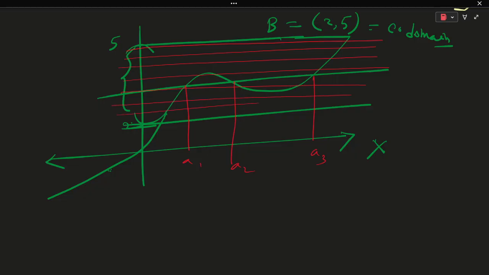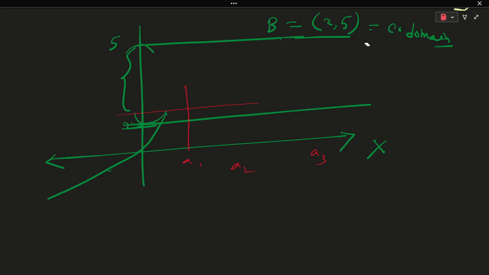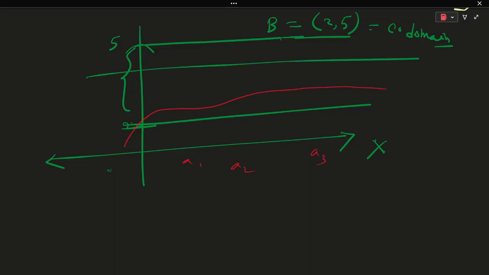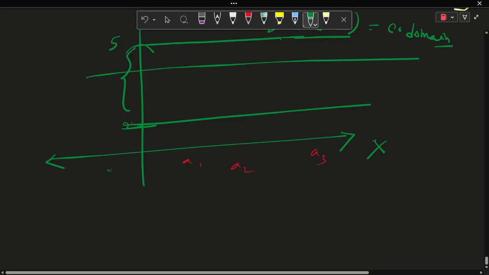If you take a curve like this type, there is a horizontal line here, and this curve has an asymptote, right?